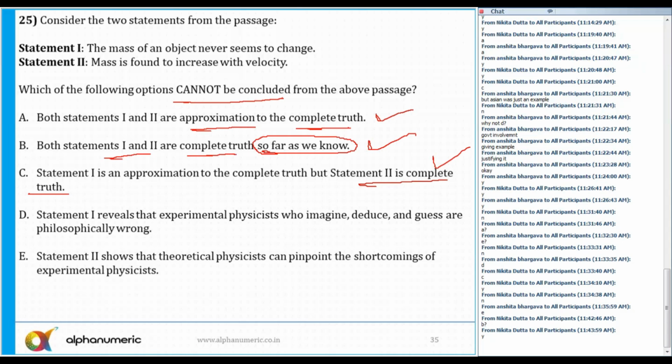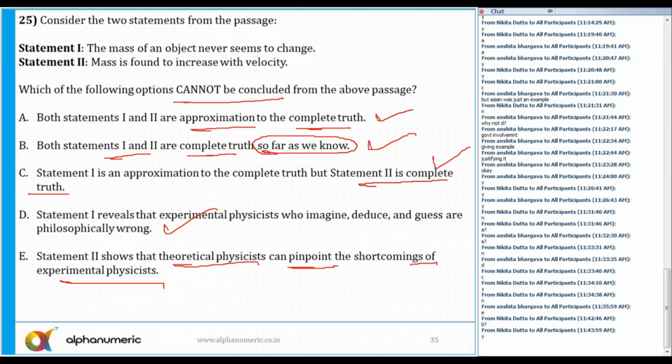Statement 1 reveals that experimental physicists who imagine, deduce, and guess are philosophically wrong. Yes, we can conclude this. Statement 2 shows that theoretical physicists can pinpoint the shortcomings of experimental physicists.